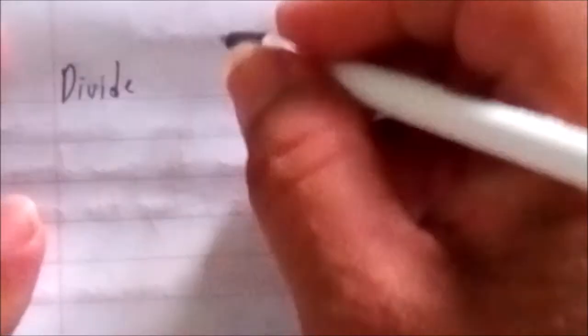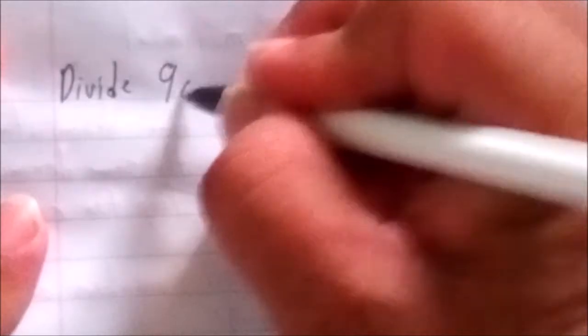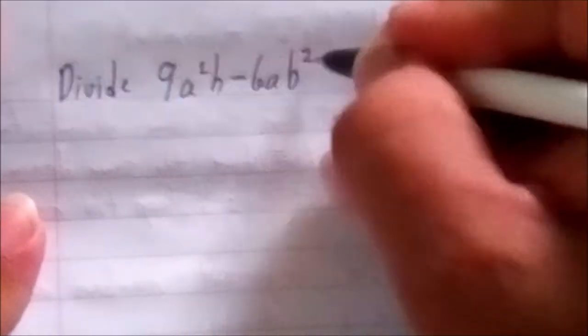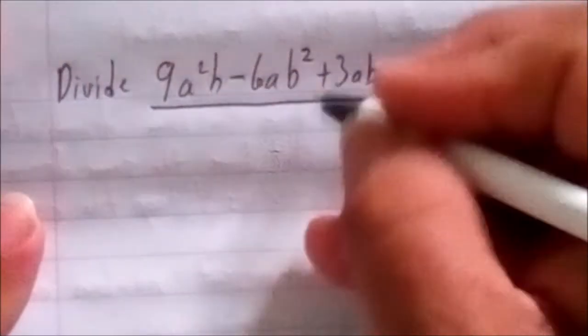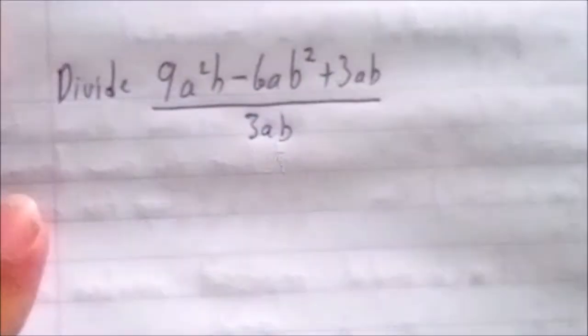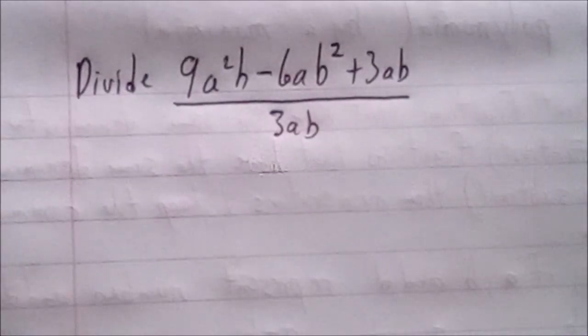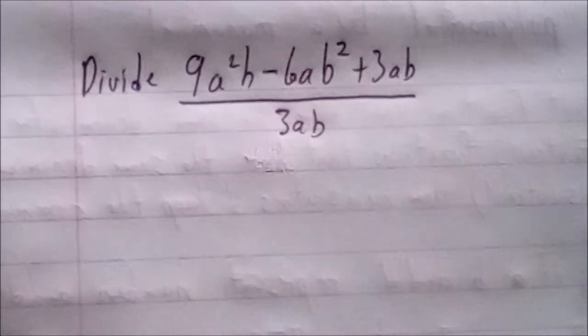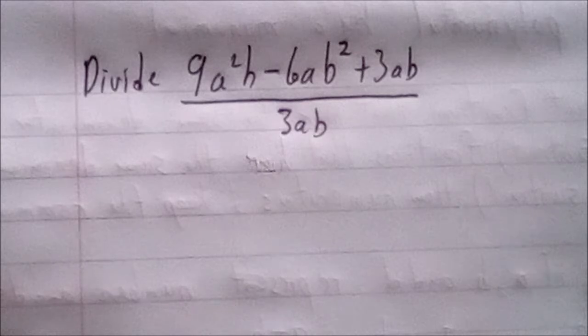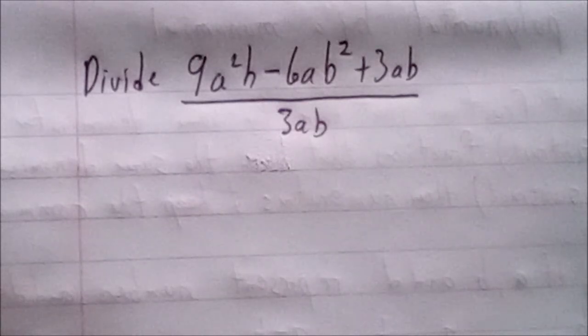So let's go with some bigger values now. I tell you, divide 9a squared b minus 6ab squared plus 3ab over 3ab. Do we have a strategy? Yes, we will divide each term of the polynomial in the numerator by the monomial in the denominator. This is the rule for dividing a polynomial by a monomial.